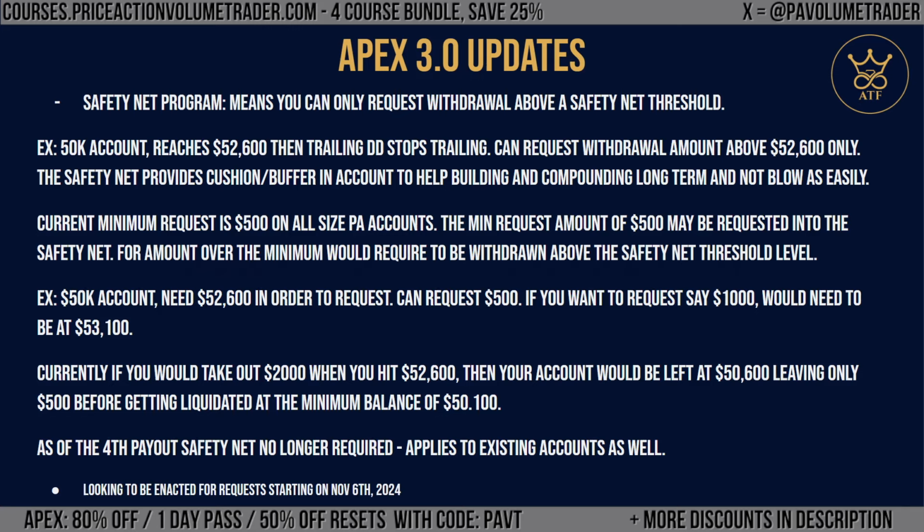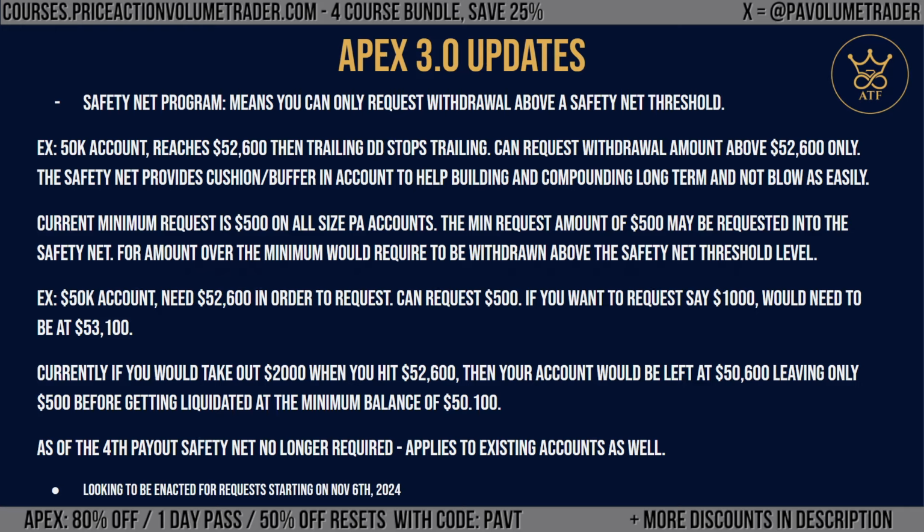Now, talking about the safety net. The safety net program means you can only request a withdrawal above a certain safety net threshold. So for example, the $50,000 account, you have a $2,500 trailing drawdown. So once your account balance reaches 52,600, so basically your trailing drawdown plus $100, then it is going to stop trailing.